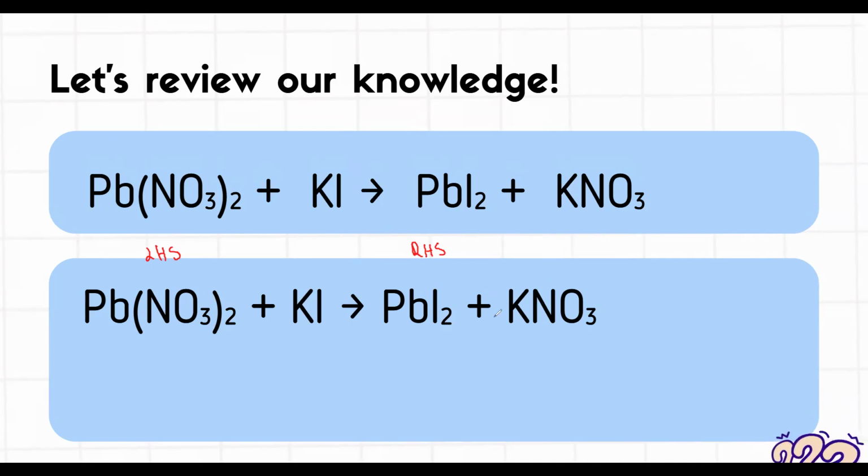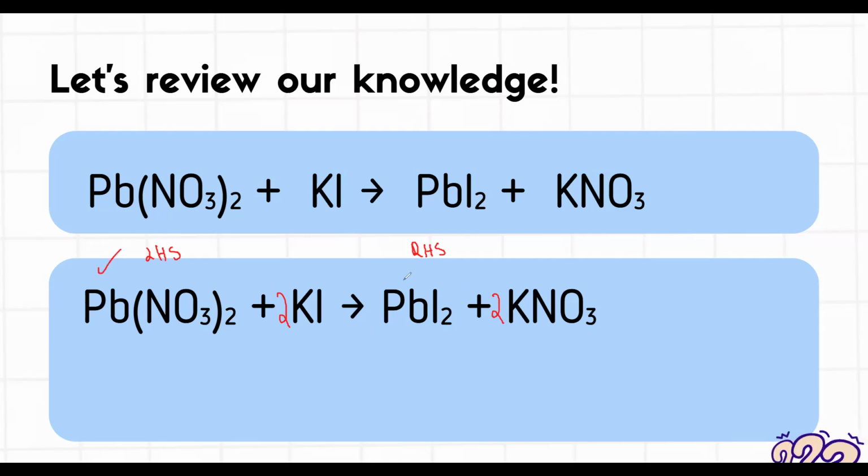So here also on the right hand side we'll make it 2 times. So 2 times NO3. But now even potassiums need balancing. There are 2 potassium atoms on the right hand side and only 1 on the left hand side. Let's make it 2.